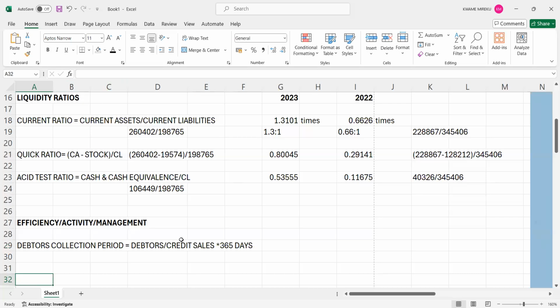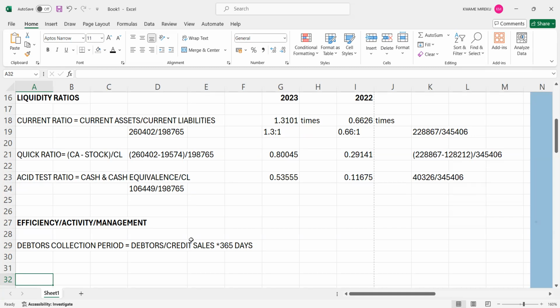Now here, the issue is the credit sales. Sometimes the credit sales may not be clear in the question. If I don't have information on credit sales, at that point, you may use the net sales. If there are no net sales too, then you can fall on the sales figure.